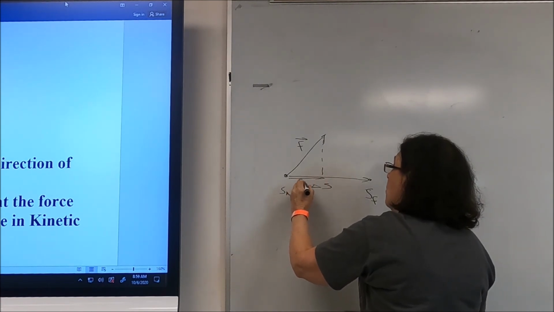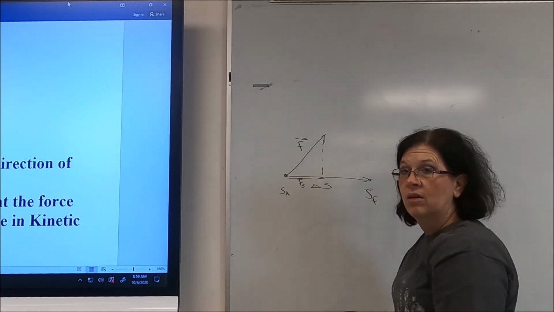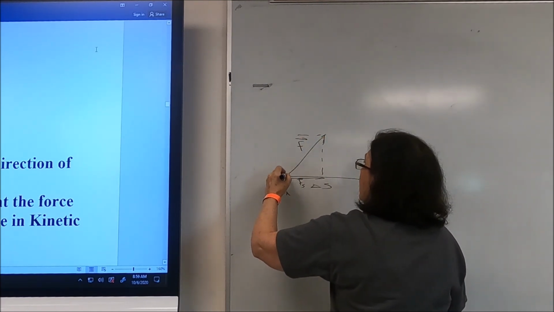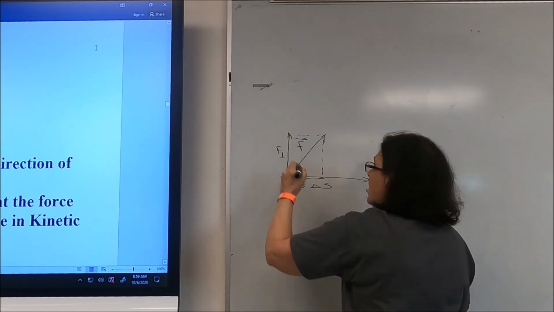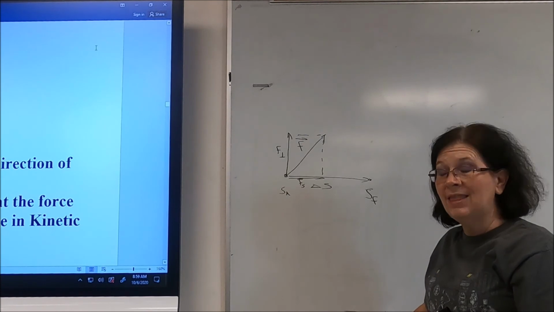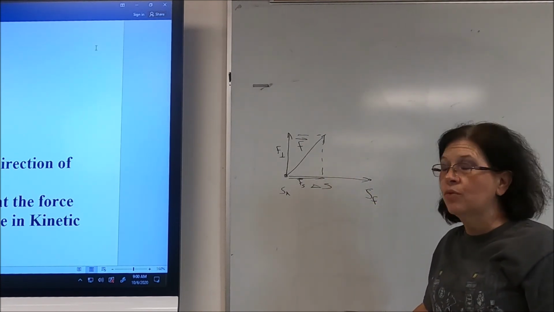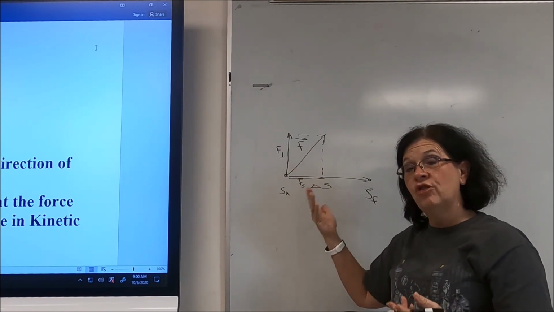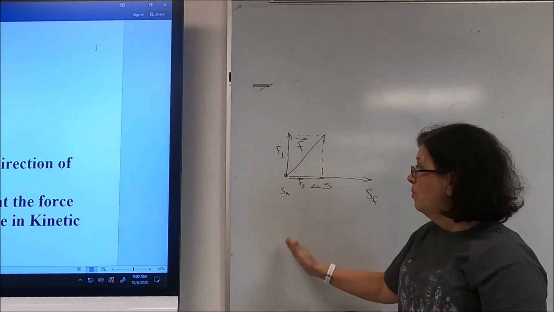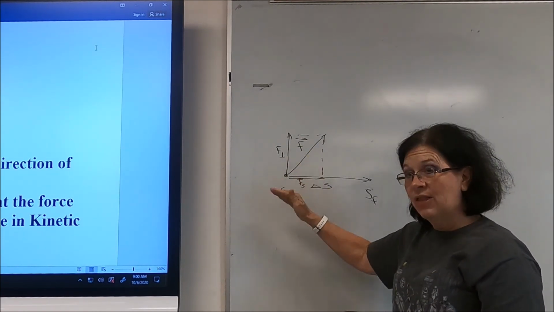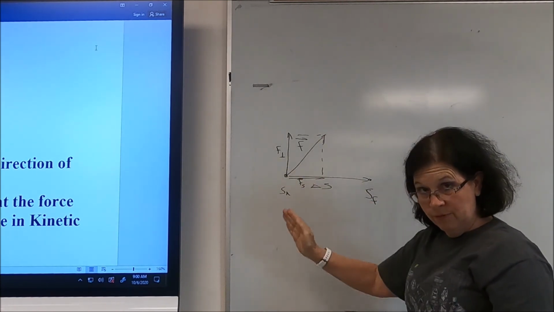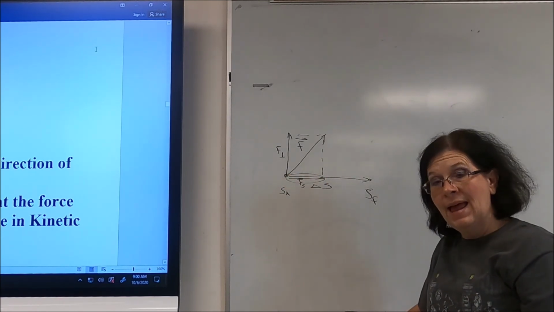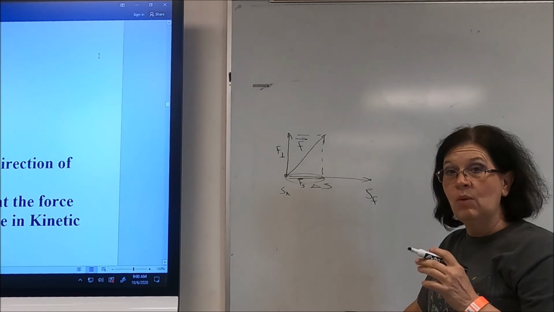then only this portion of the force, F sub S, is going to change the speed of the object. This portion, F perpendicular, isn't going to do anything to the speed of my object. Remember, perpendicular forces would try to change the direction that an object is traveling. Now, there could be some other forces in here that balance out that force so that there's no motion vertically the way that I've drawn it, but only the portion of the force parallel to the direction of travel does any work.